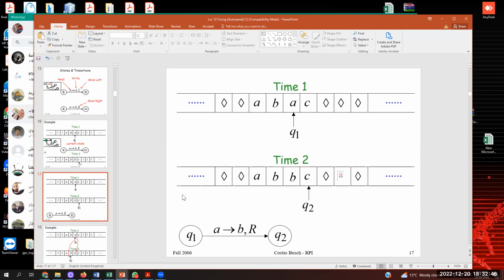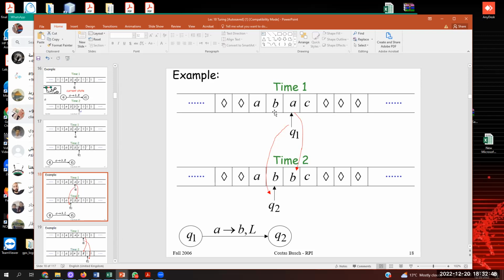Now if I have one more A, B, A, C, and I said move to the left instead of to the right, I come to the left. It's exactly the same. Instead of going to the right, I write a B instead of the A here, and then I move to the left.